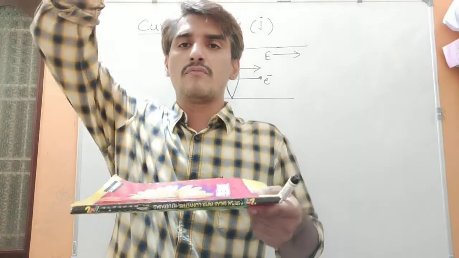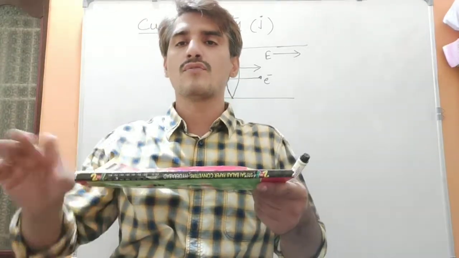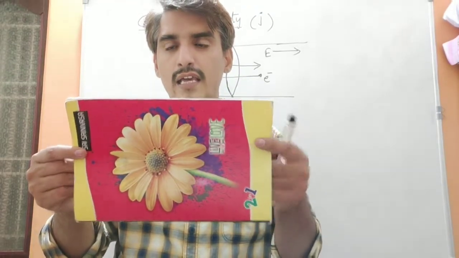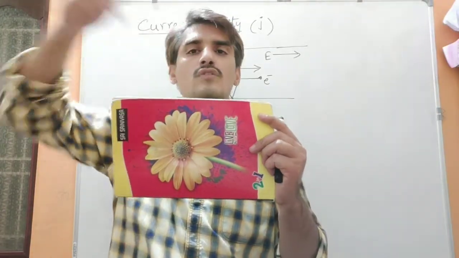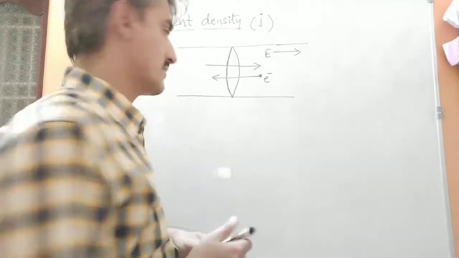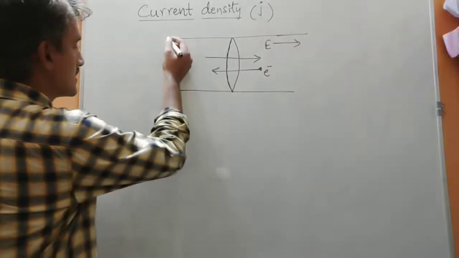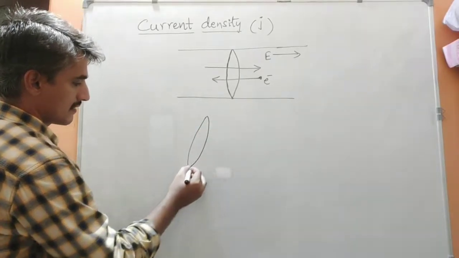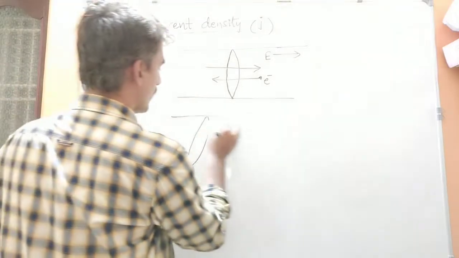So many water drops fall on it only when the book is kept like this. Am I right or not? But if we keep the book like this, then it won't get wet. Am I right or not? So like that, it depends upon the area. See here, in the same way, if we consider a particular cross-sectional area like this, in a conductor now.